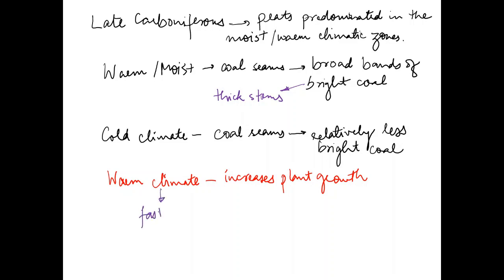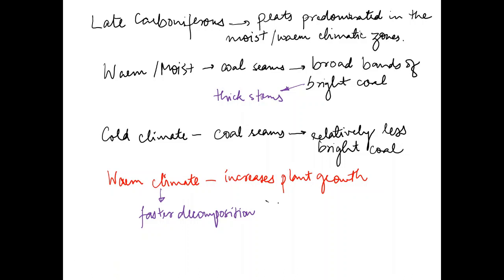So here it is faster decomposition. We all are aware that if the decomposition will be faster and plant material gets decomposed, it will not lead to the formation of coal. So consequently, as a result, the coal seams of temperate region.